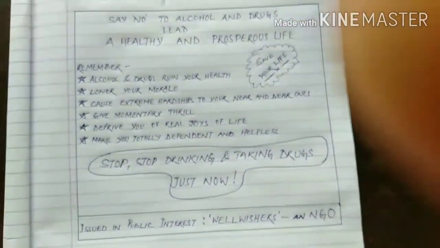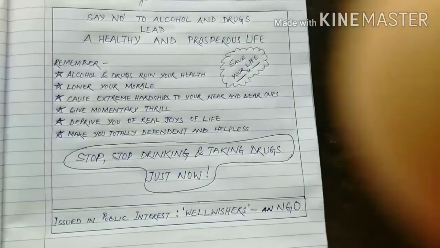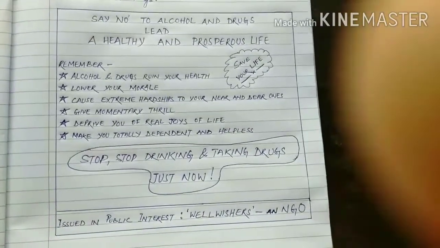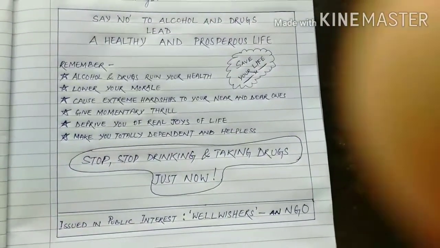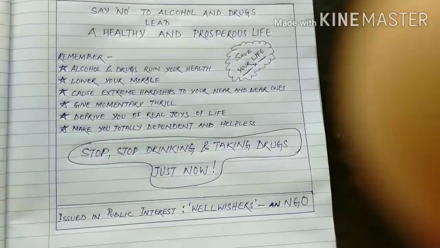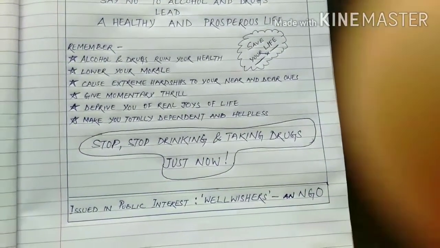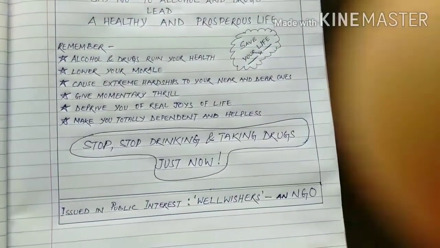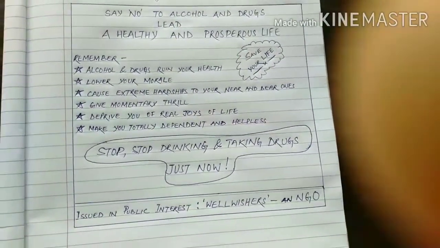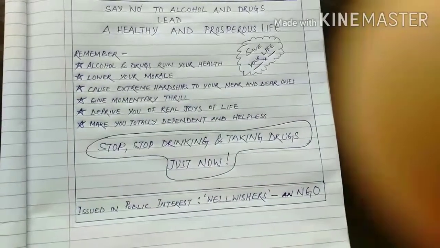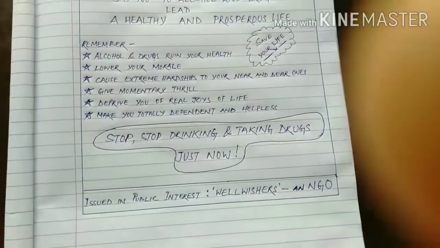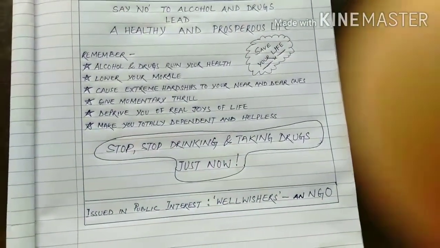It's very simple, you can have a look here. Say no to alcohol and drugs, lead a healthy and prosperous life, and there are points to be remembered, and also advice given to the public, especially to those people who are taking drugs and alcohol, issued in public interest.